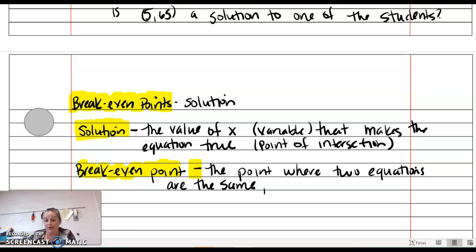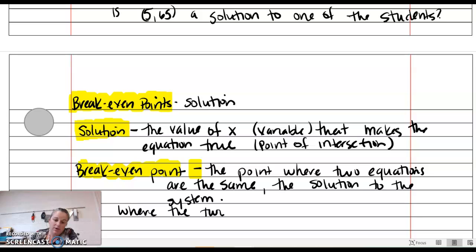Or we also call it in Algebra 1 the solution to the system. Or in our case, where the two students are equal.